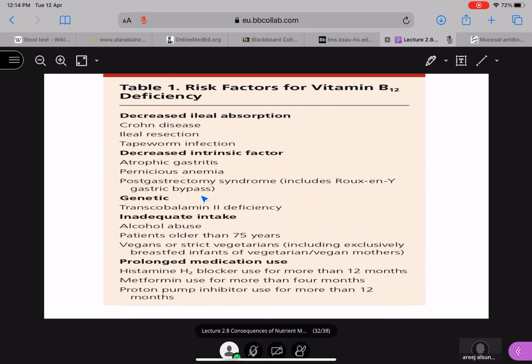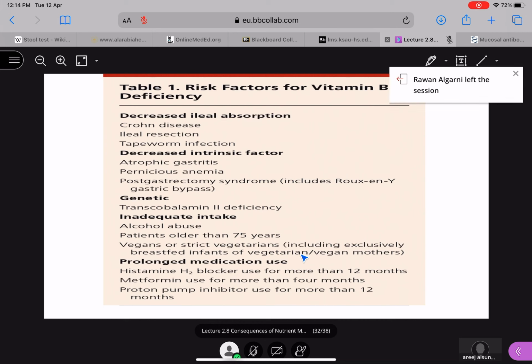Genetic disorders like transcobalamin deficiency will result in B12 deficiency, or inadequate intake, like patients with alcohol abuse, very elderly patients, or a strict vegan diet.